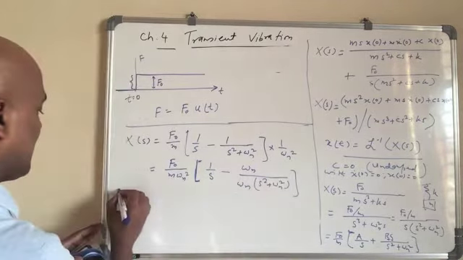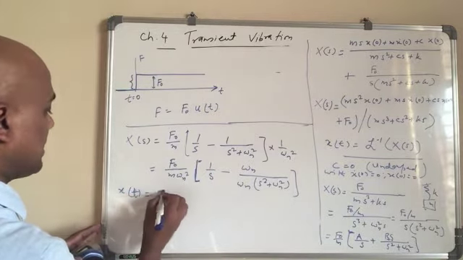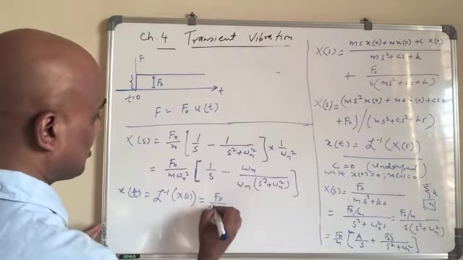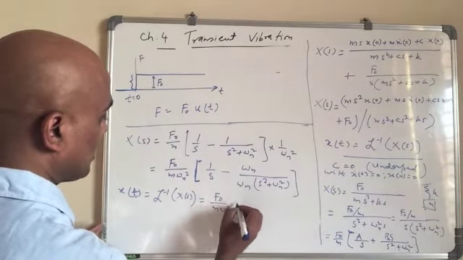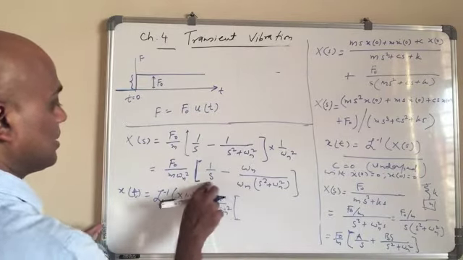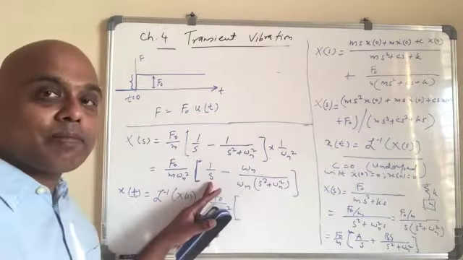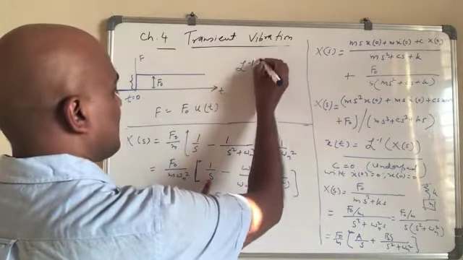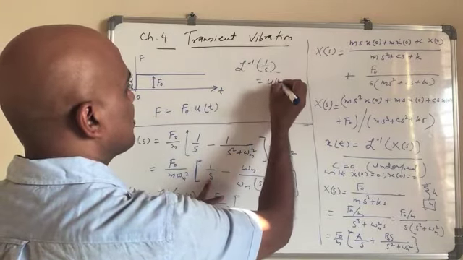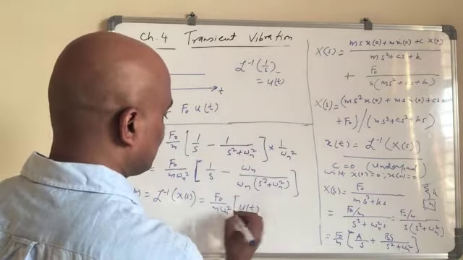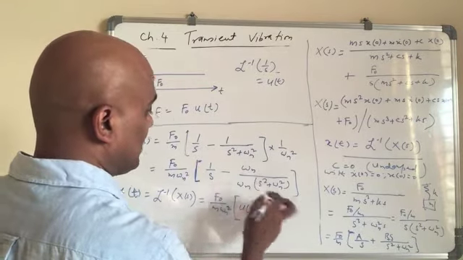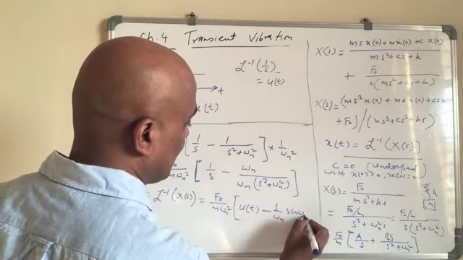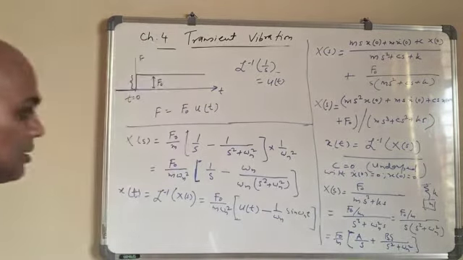So x(t), the inverse Laplace of X(s), will be equal to f naught over m omega n square, and then we have this. So what is the meaning of this? The inverse of 1 over s is nothing but the unit step function only. So we have the unit step function minus 1 over omega n, and this is sine omega n t.